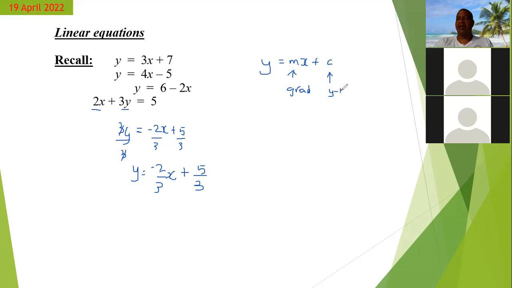Now that is where the line cuts the x-axis. Sorry, not the x, the y-axis. So the y-intercept is where the line cuts the y-axis.